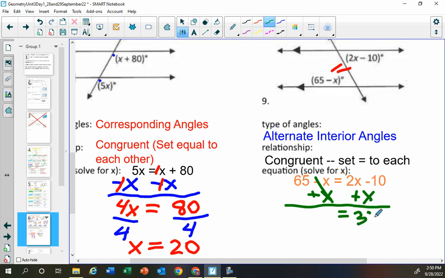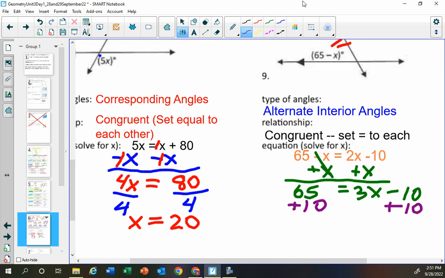And then after we move the variable, you have to move the constant, so it'll be plus 10. Yep, okay, so it's going to be 75. So 75 is going to be 3x.